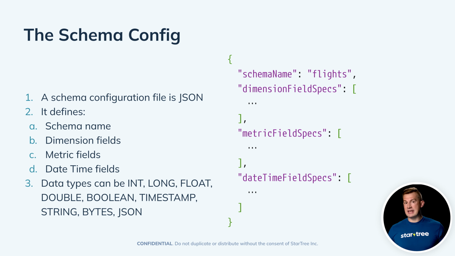In order to configure a table, first of all, you need to provide a schema config that will define a name, dimension fields, metrics, and the fields corresponding to date and time formats. Different fields, different columns might have different types, including integer, long, float, and some other things. Even JSON, and new types are coming with every new release, so make sure to check out the release notes and see if new types were added.